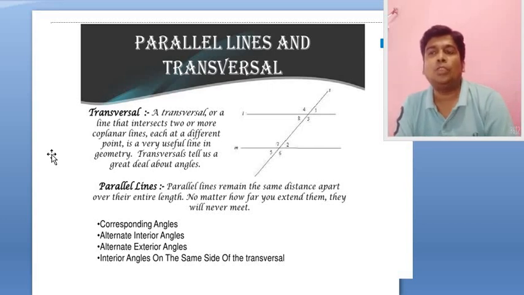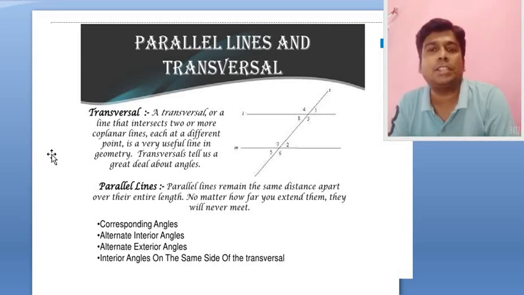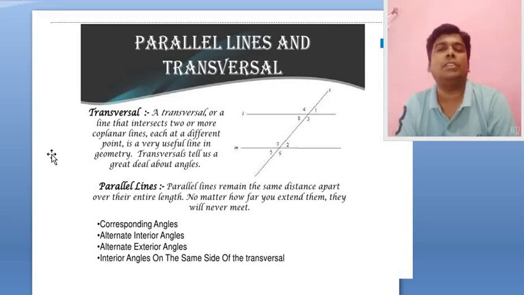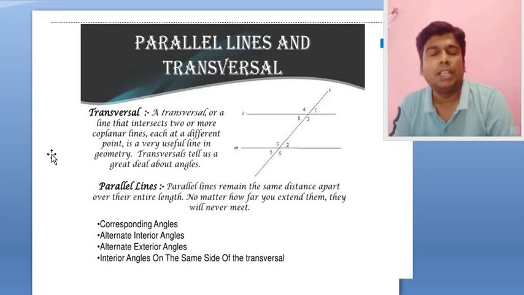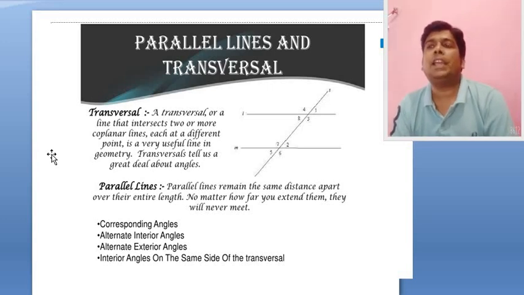Two lines are said to be parallel if they never intersect each other, and the perpendicular distance between the two lines at every point is always constant, always the same. And if a line intersects the parallel lines, the name of that line is transversal.